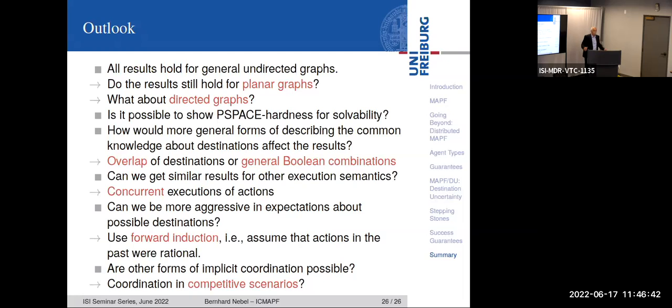Here you only have incomplete knowledge about the destination, but you could also have incomplete information about the graph itself, and then either you communicate or you explore. It would be a great thing, and it would fit into this framework, but I think it would be challenging. I think Sven has a question.